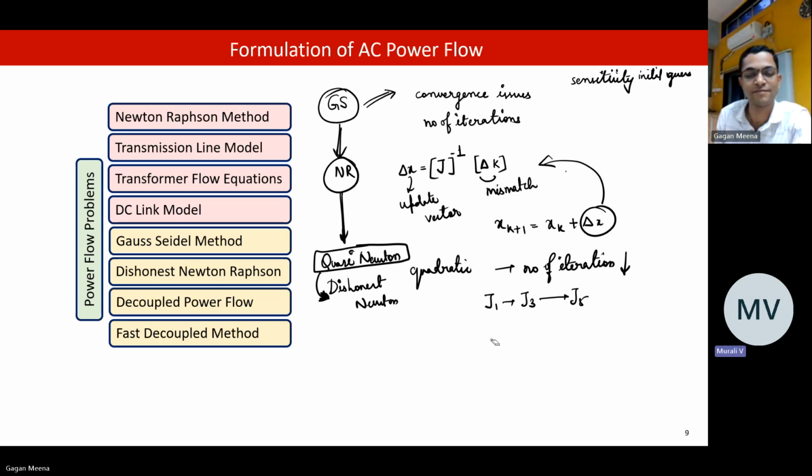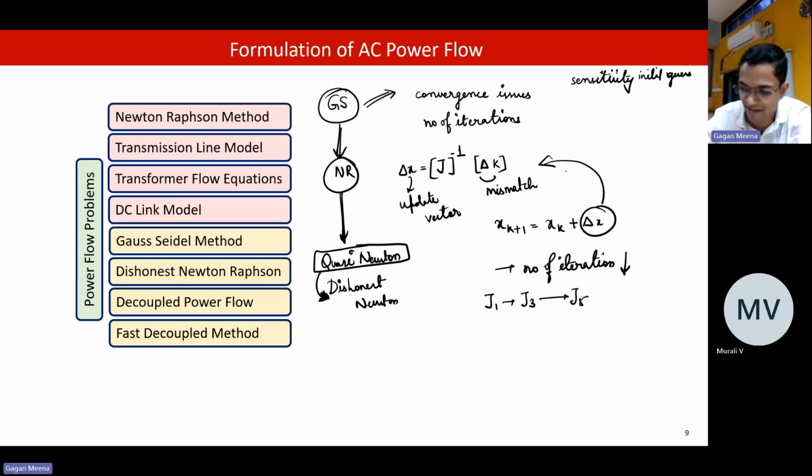Does it depend on any factors, how many iterations it should be kept constant? How do you know that you have to keep the Jacobian constant for the next two or three iterations? We can analyze that by watching the convergence, keeping track of the error vector.